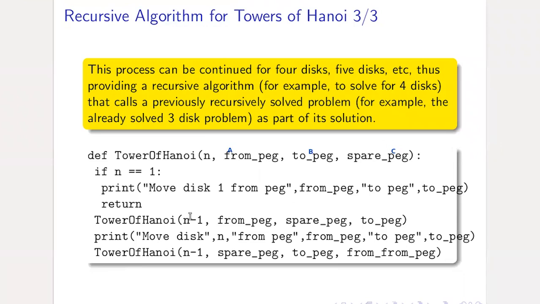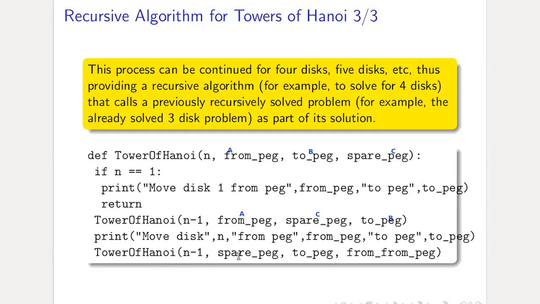When I take n minus 1 disks, leaving the biggest one on A to be there, I will go from A, because that is where the disks are, I will go to C and using B as the spare one.